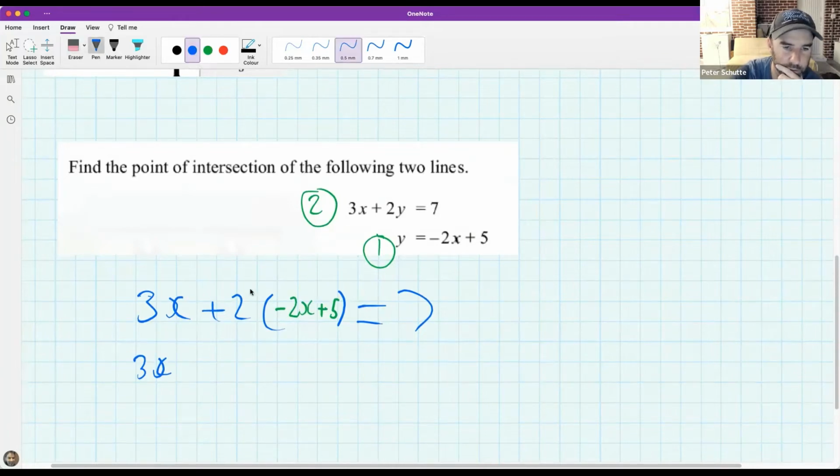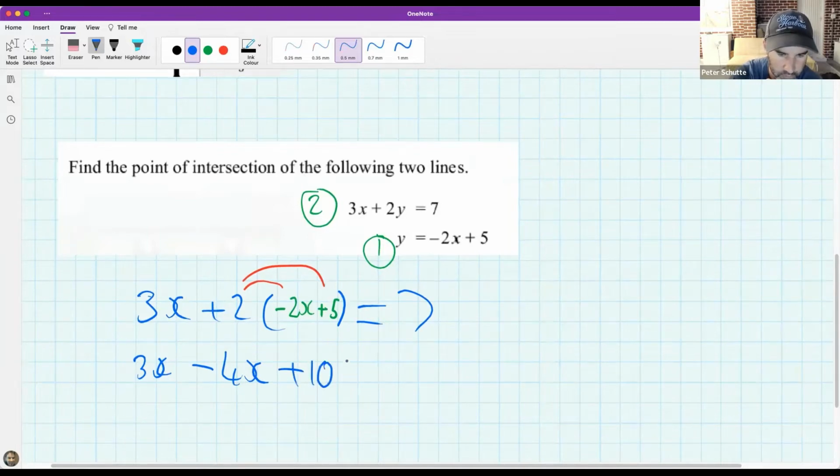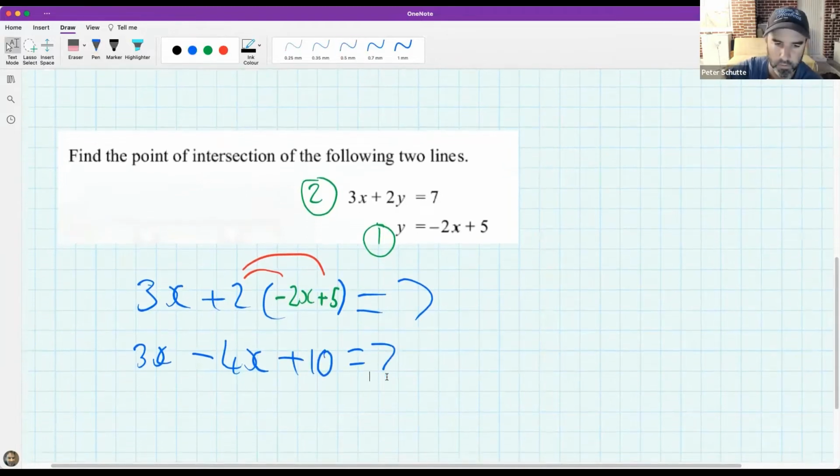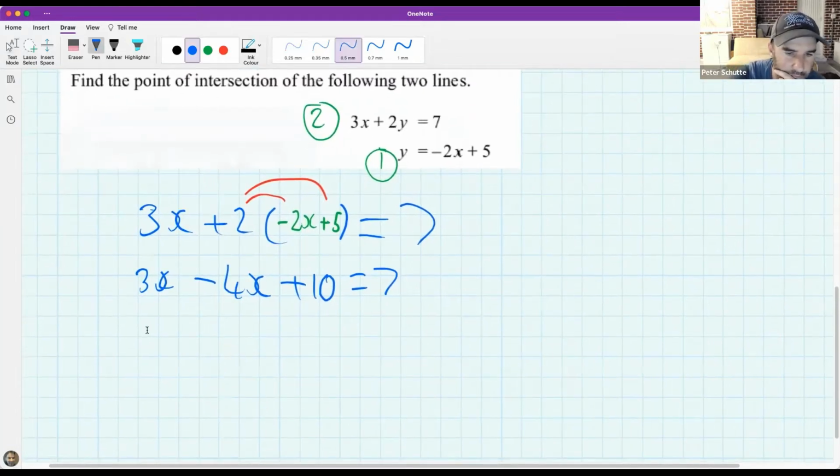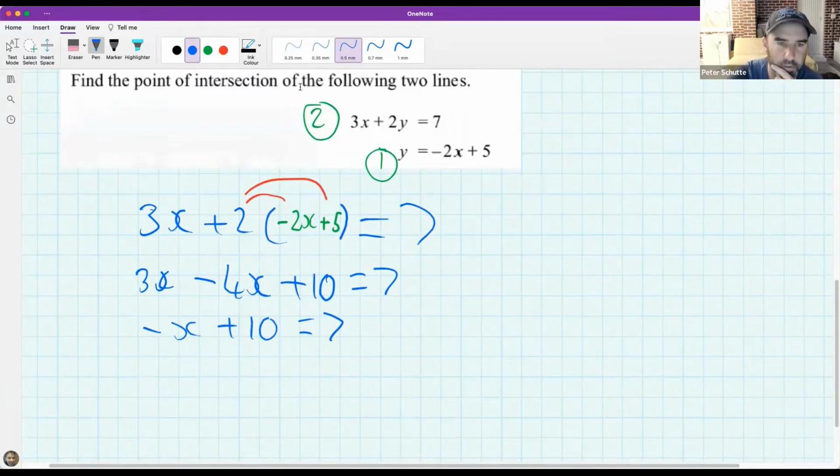I'm going to catch a few of you with this one. And then what am I going to do? I'm going to take away 10 from both sides.